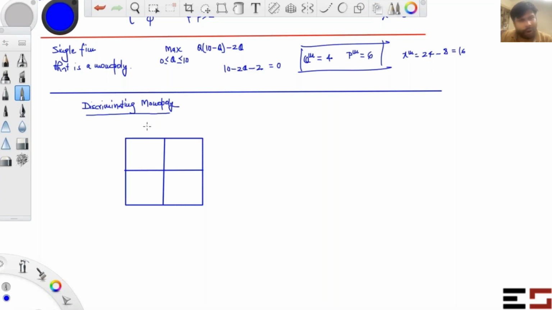Let's call these people 1 and 2. So individual 1, individual 2. Okay, so buyers.